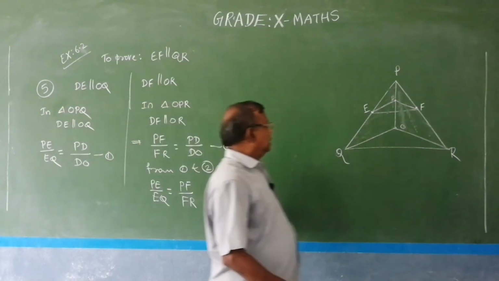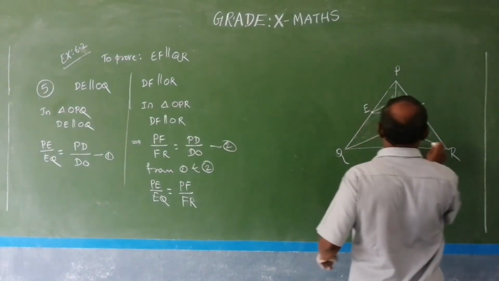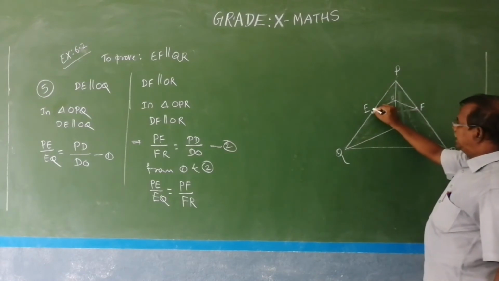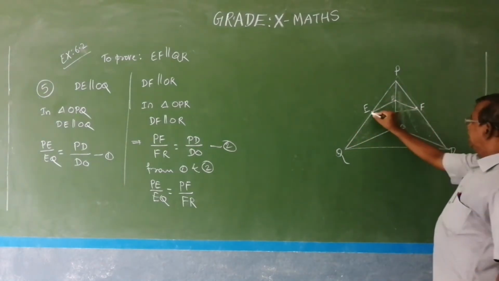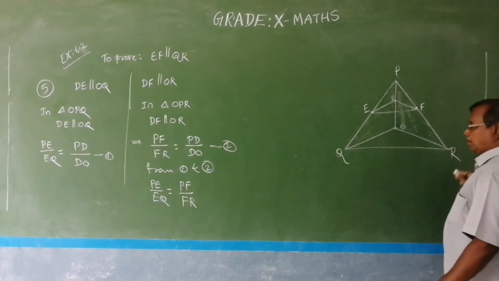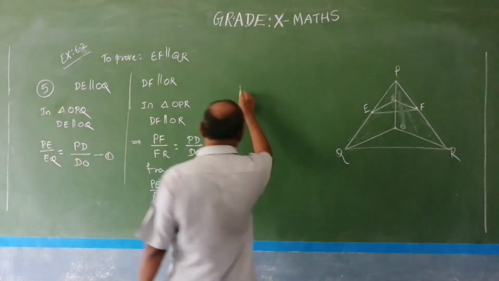Now consider the triangle PQR. PE divided by EQ equal to PF divided by FR means EF parallel to QR by converse of BPT.